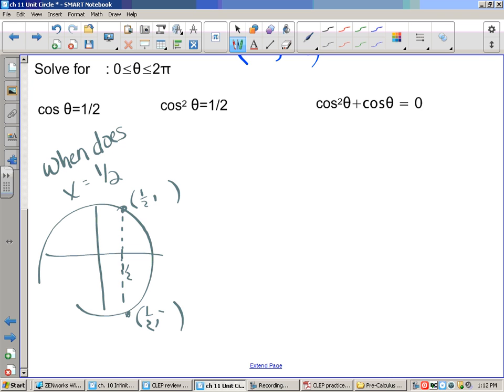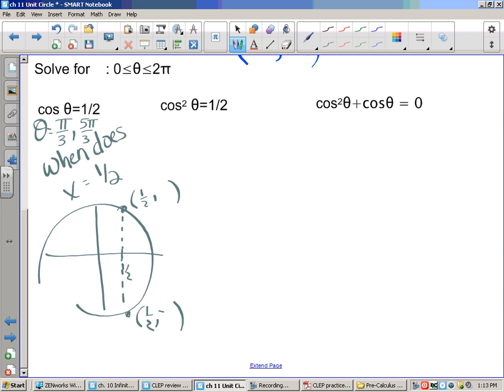This one's of course negative down here, but this one up here is positive. And those coordinates that start with 1/2 are your pi/3. So that would mean that theta would be pi/3, and what's the fourth quadrant one? 5pi/3. And so it becomes easy to see off the chart, doesn't it?